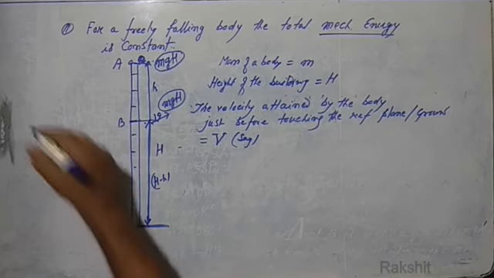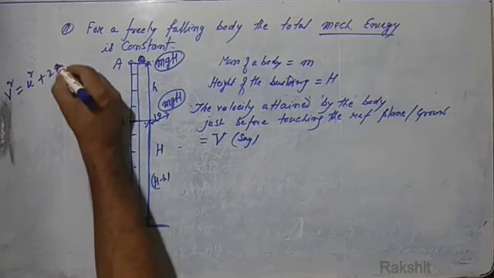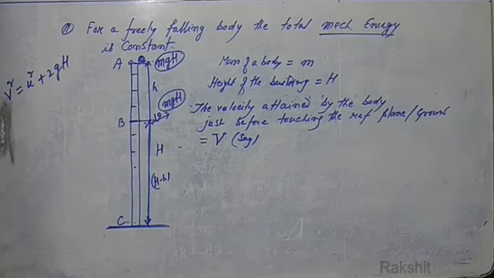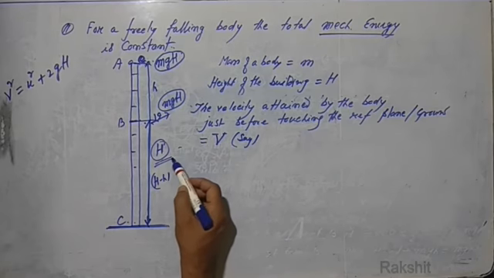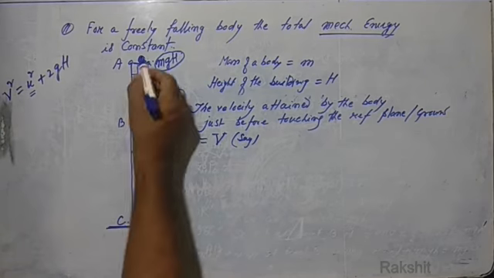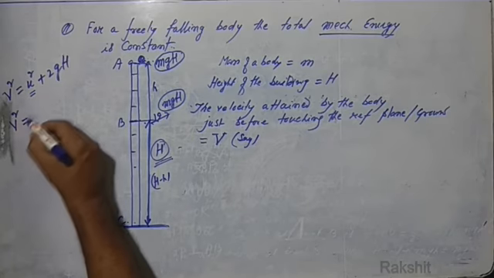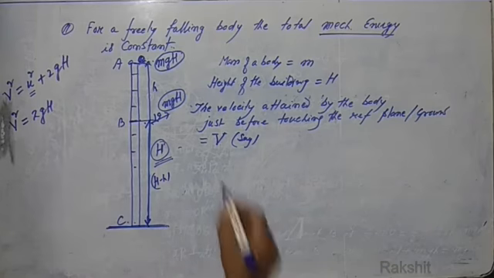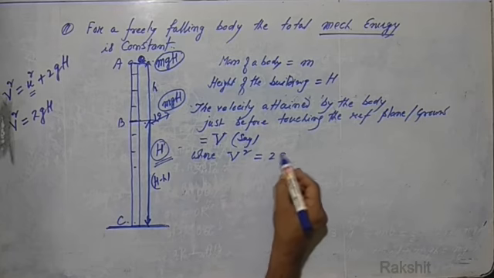Now we calculate the value of V. We know the equation of motion, V square is equal to U square plus 2gH. If the velocity attained by the body just before touching the ground is capital V after traveling distance capital H, and u, the initial velocity, is equal to 0 in this case also, then V square is equal to 2gH.